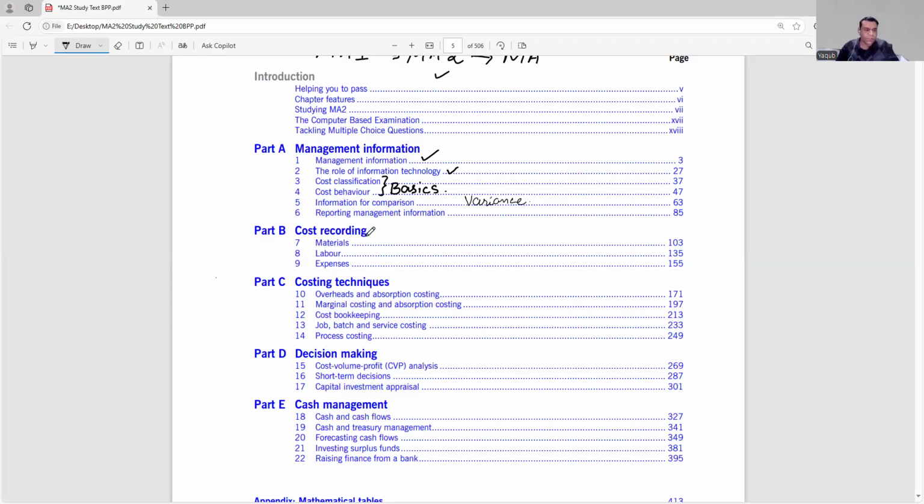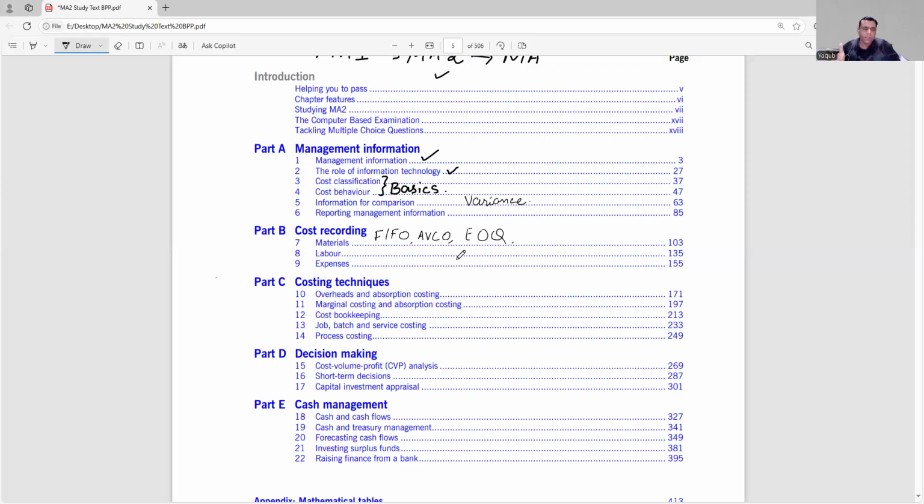Next one is cost recording. Cost recording contains three important chapters. Material includes prior knowledge which we studied: what is FIFO, what is LIFO, then we have the purchasing cycle. It also contains new topics, which are economic order quantity with bulk discount, and, apart from economic order quantity, maximum inventory level and minimum inventory level.